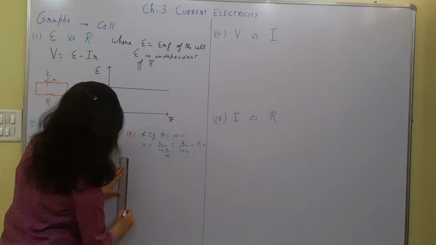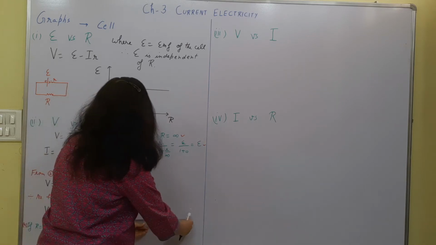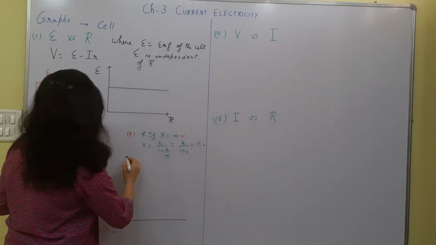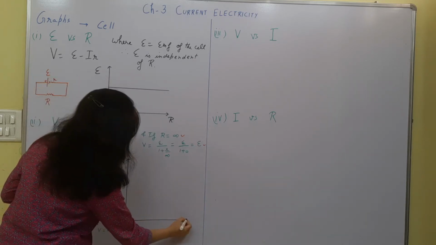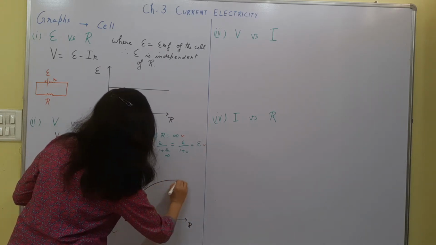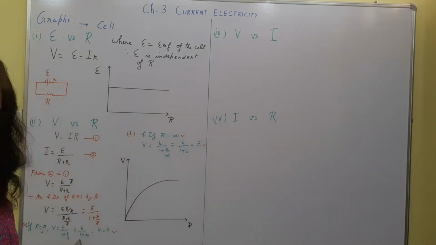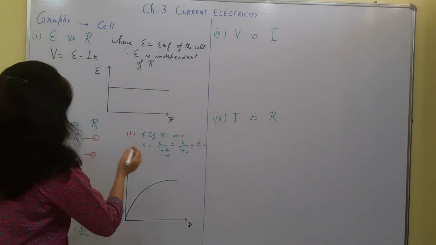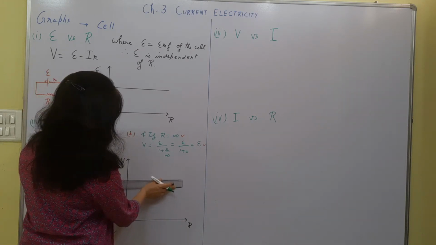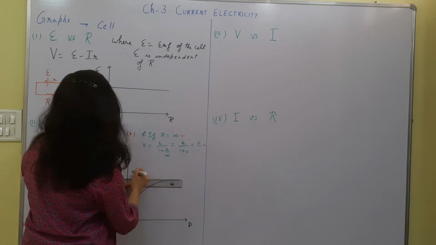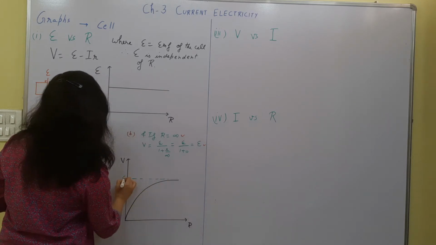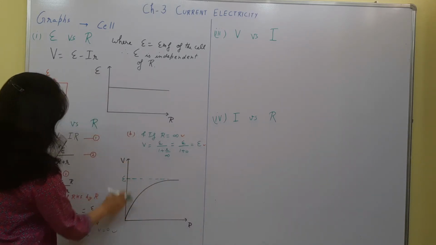So on the basis of this, I can draw the graph between V and R like this. At this point, when R tends to infinity, the voltage corresponding to this will become EMF, and when R is 0, V is 0.